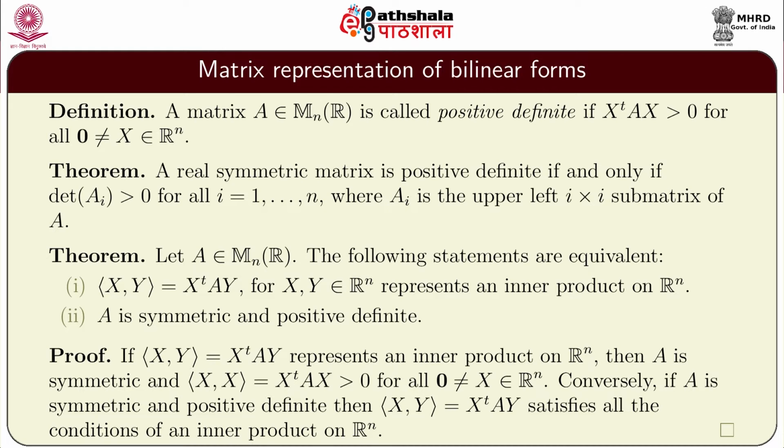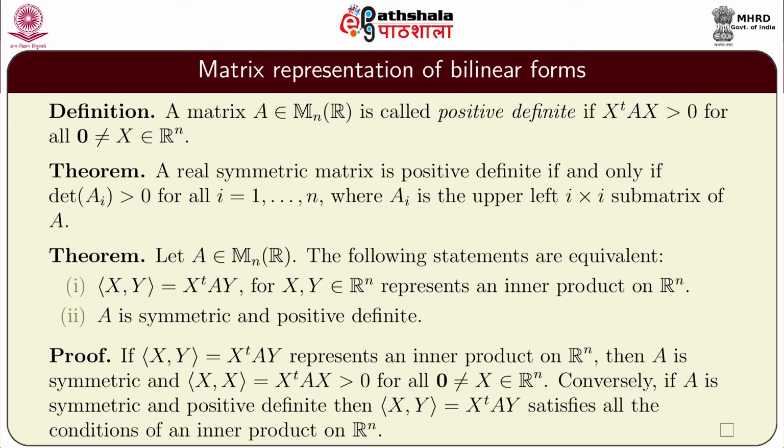Proof: if <x,y> equal to X transpose AY represents an inner product on R^n, then A is symmetric because inner product has the symmetry over R, and the inner product <x,x> is X transpose AX, and that should be positive for all X non-zero in R^n.